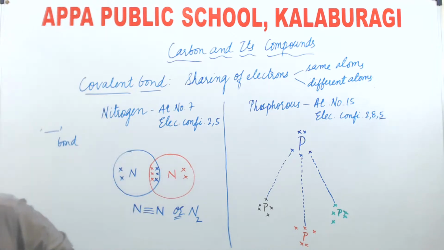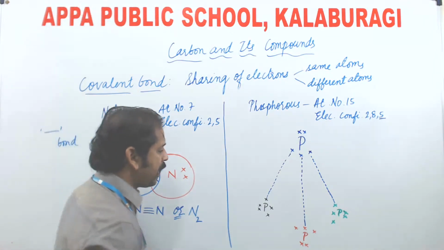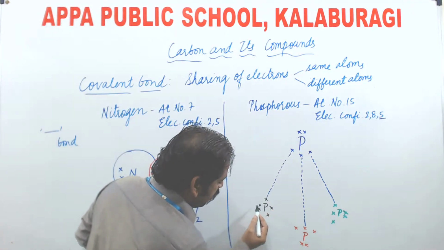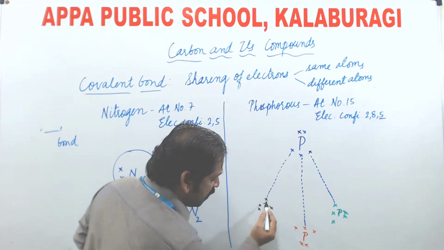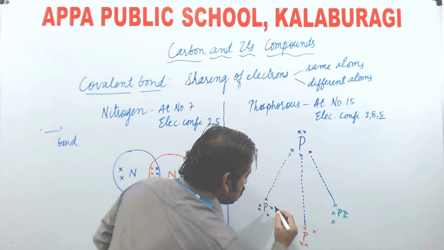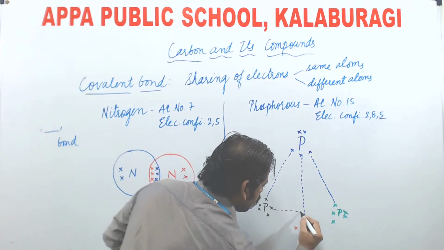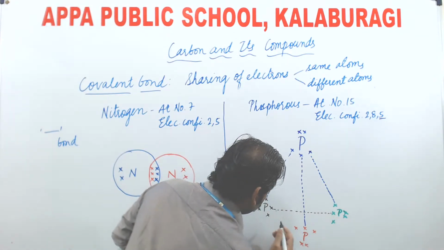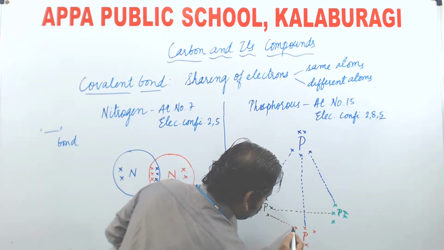And we go with the second phosphorus, with the black. This phosphorus has 2 plus 3, that is 5. Sixth is already paired, seventh will be here, eighth will be here.